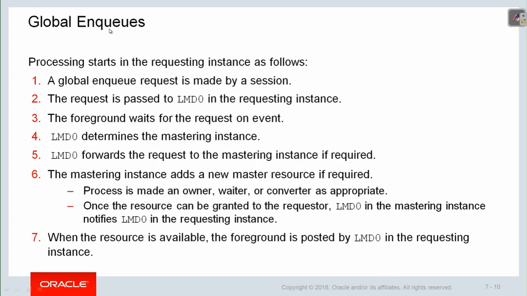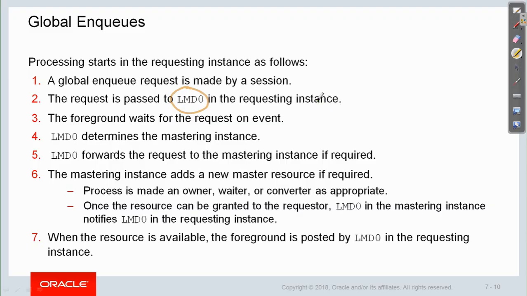And when you look at global enqueue management, it's very similar to the example that I showed you. Suppose that session 1 is requesting a global enqueue. And here we have one background process, the LMD background process. And this is the global enqueue service background process.